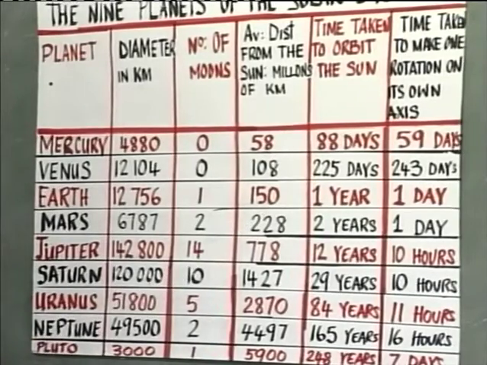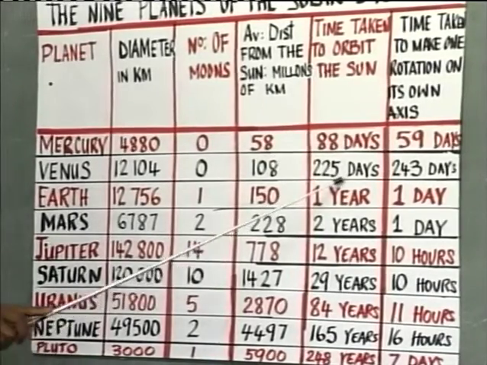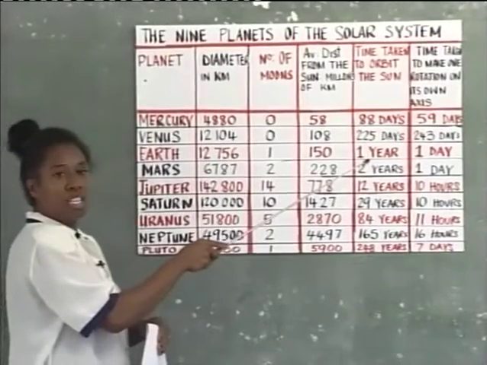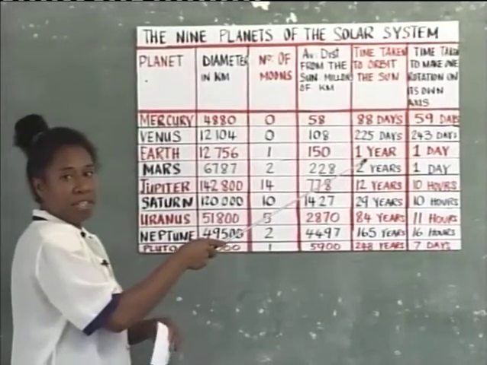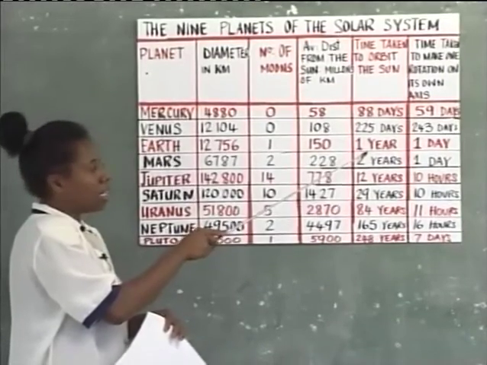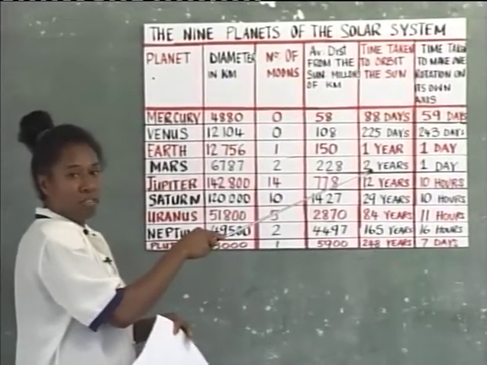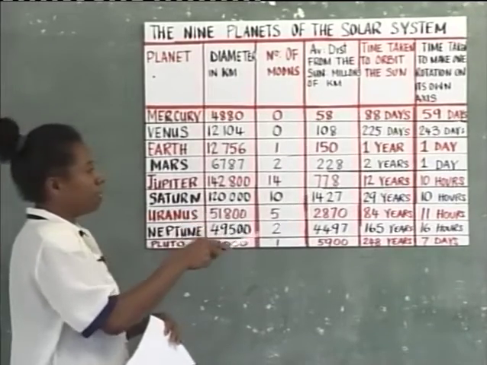Venus will take 225 days. The Earth takes 1 year, which is 365.25 days. Mars will take 2 years.